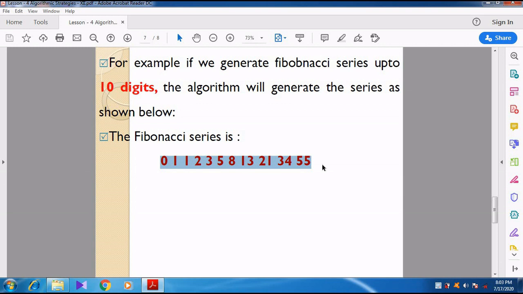That is what they are showing here. Totally 10 digits were generated.